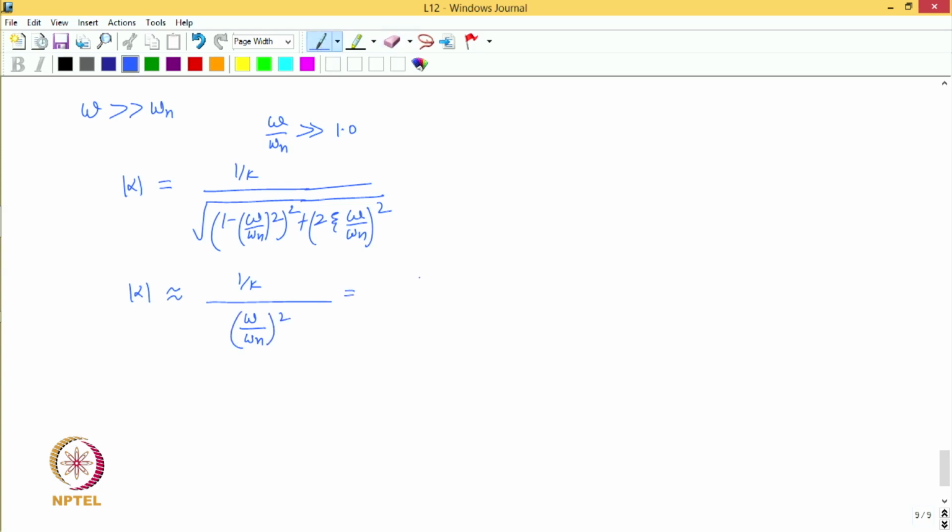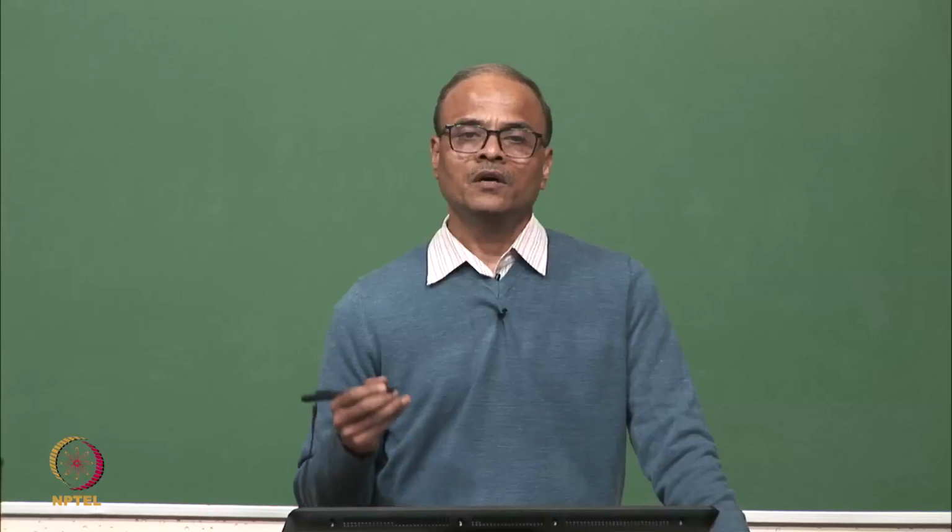Therefore, this can be further written as 1 by k into omega n square upon omega square. Omega n square is nothing but k by m, and therefore the magnitude can be approximated by the expression 1 upon m omega square. That is the equation that can approximate the FRF magnitude in the high frequency range.